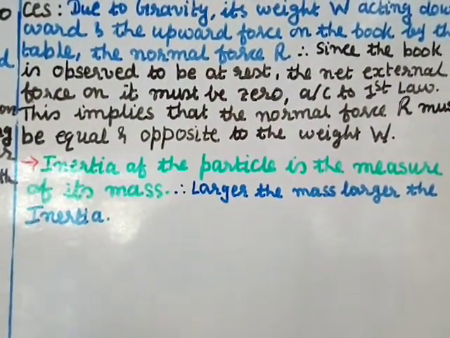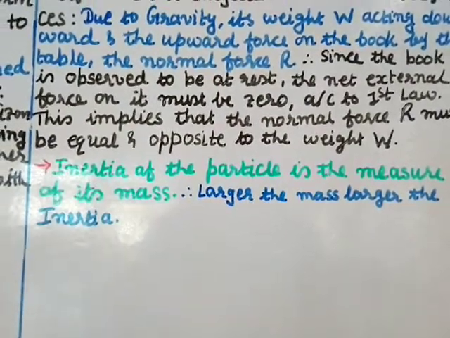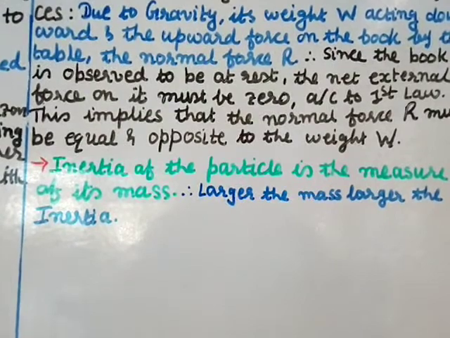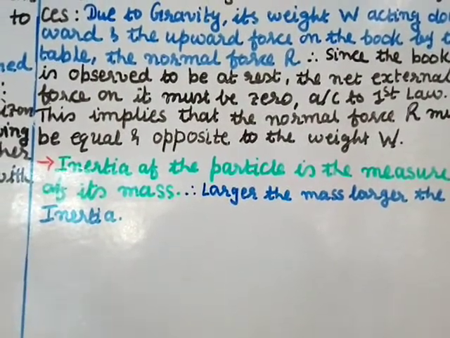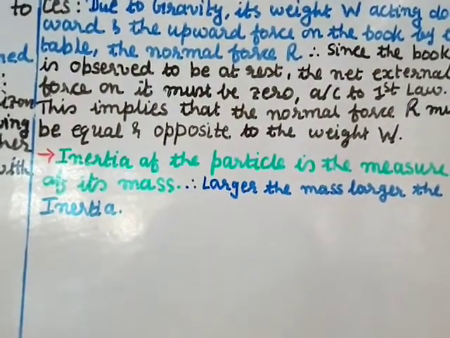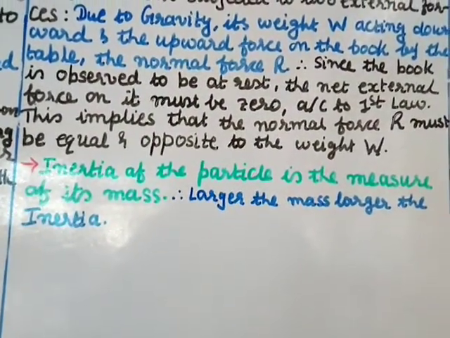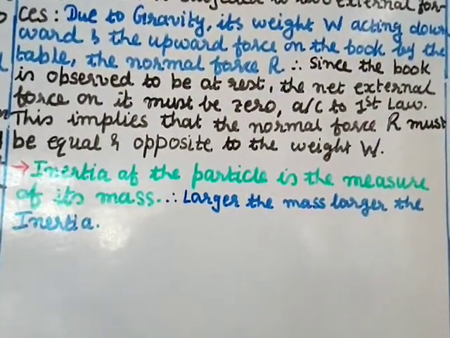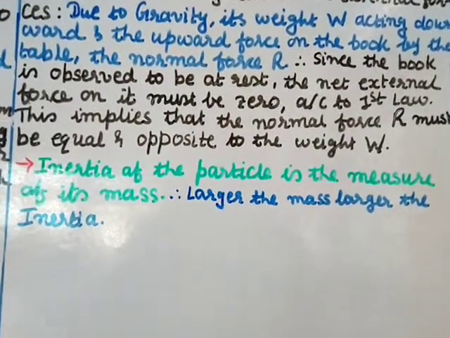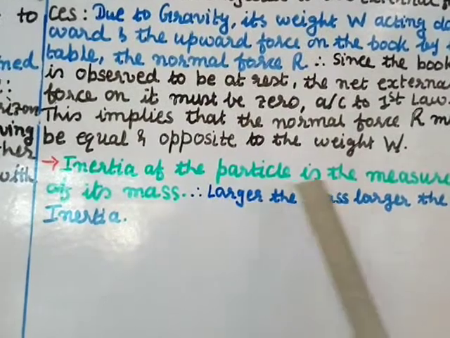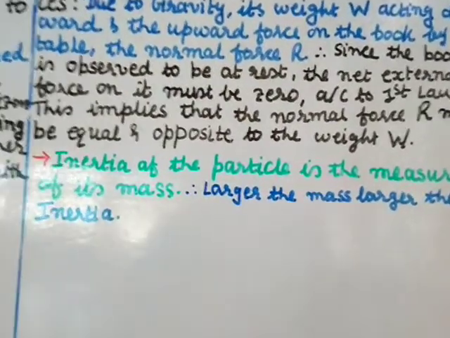They have resistance to change, so they will continue to be at rest. If you push the bicycle, you can push it easily because its mass is less. If you want to push the truck, you will find it very difficult, because it has a large mass. So the inertia of a particle is the measure of its mass.